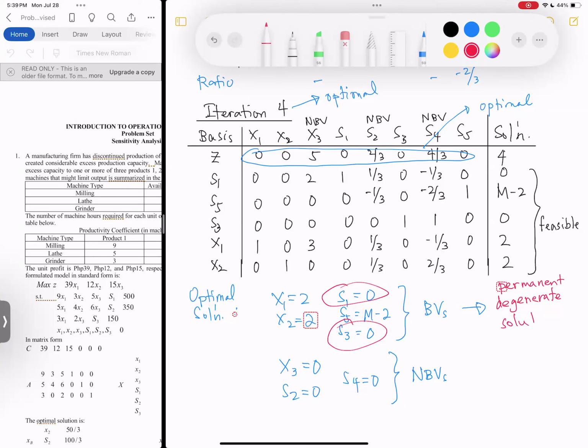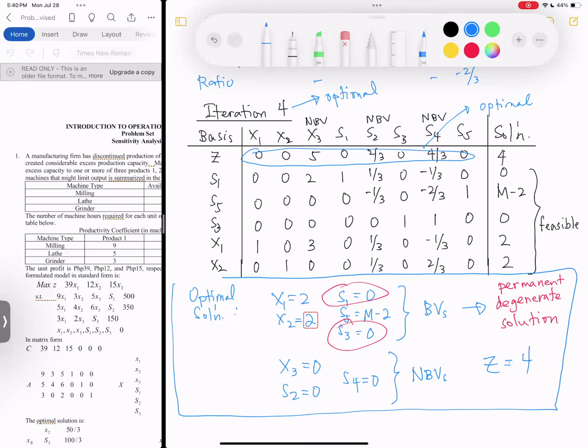So you can just say permanent degenerate solution. Okay? And of course, do not forget your Z value. Your Z value is equal to 4. So this will be your optimal solution.